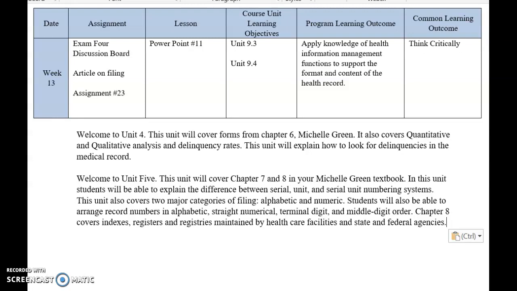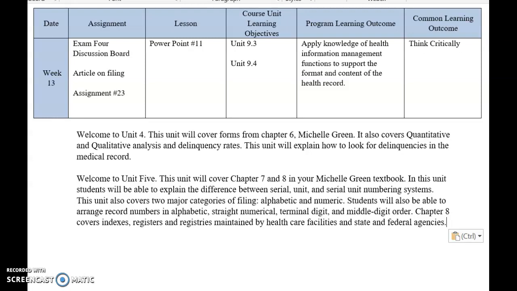So for your assignments, we are also going to start Unit 5 this week. This unit will cover Chapters 7 and 8 in your Michelle Green textbook, or in the textbook that you have. In this unit, you'll be able to explain the difference between serial unit and serial unit numbering system.